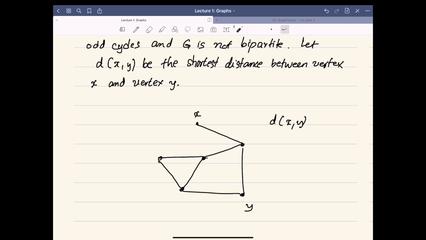I can go using these two edges, so the distance is 2. Or I can go from x through these vertices, and if you count the edges, 1, 2, 3, and 4. Or through these edges, 1, 2, 3, 4, and 5. So we have 3 distances: 2, 4, and 5. The shortest is 2, so the distance between x and y is equal to 2. We need to take the shortest one. This is the meaning of the shortest distance between vertex x and y.